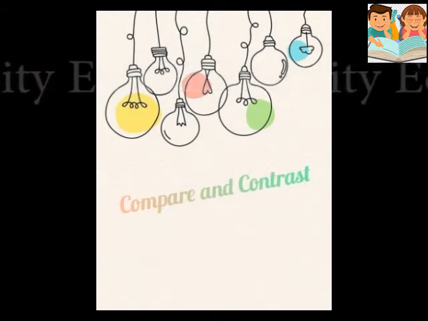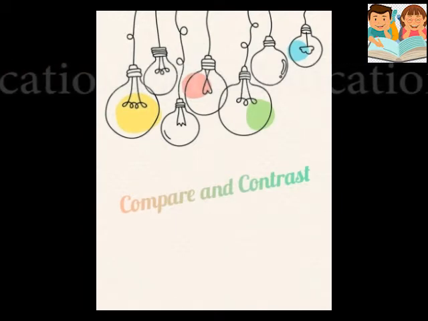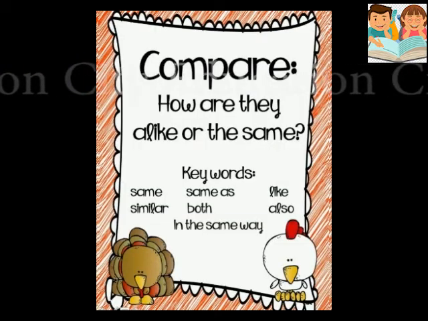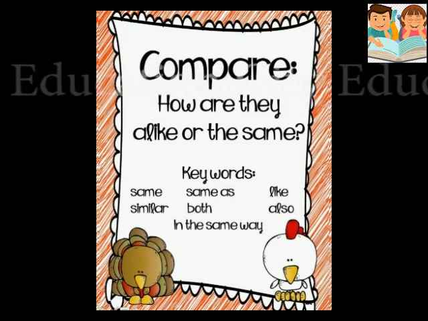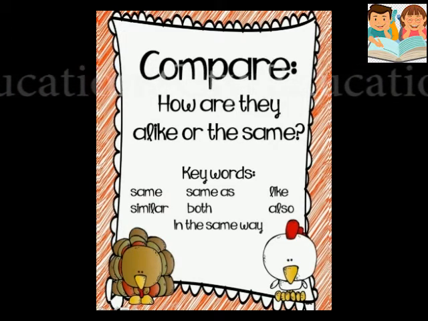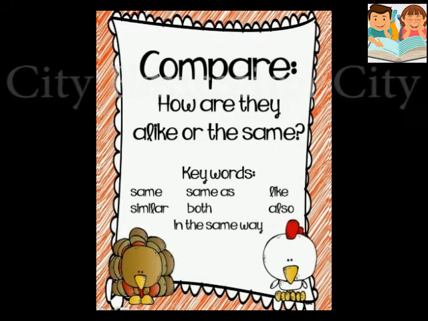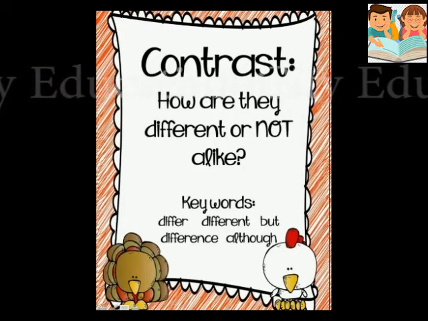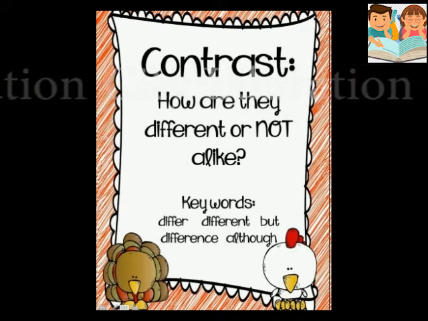So when we compare, we tell what is the same about two or more things. And when we contrast, you will tell what is different about two or more things. So now here is an example of two animals, like a cow and a horse.